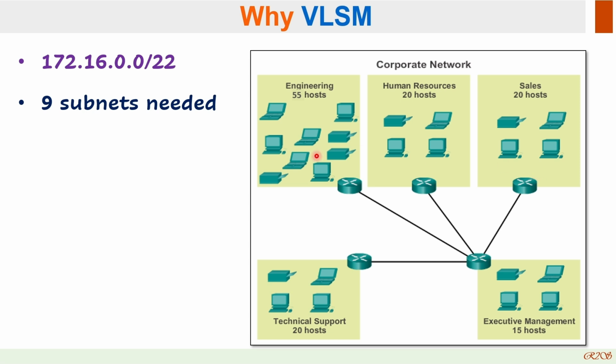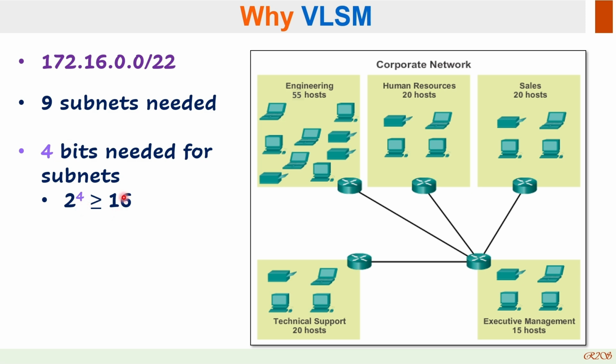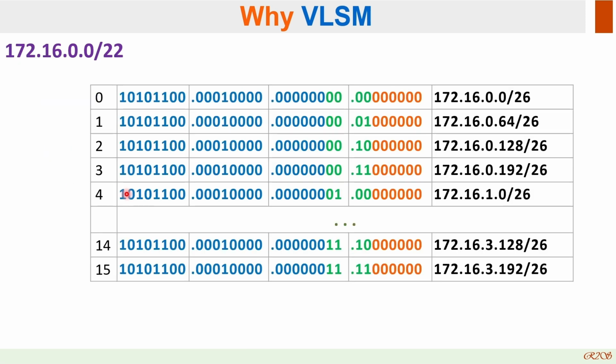Now if we look at how many networks we have: 1, 2, 3, 4, 5, 6, 7, 8, 9. So we need 9 subnets. If we make equal size subnets, we need 4 bits, since 2 to the power 4 is 16. If we borrow 4 bits, our actual network is 172.16.0.0/22, so the 22 bits are our network.